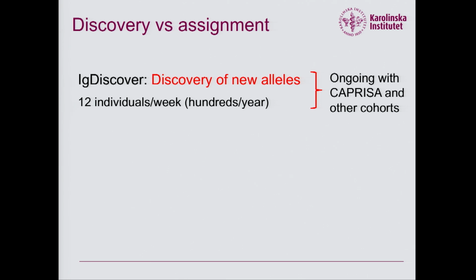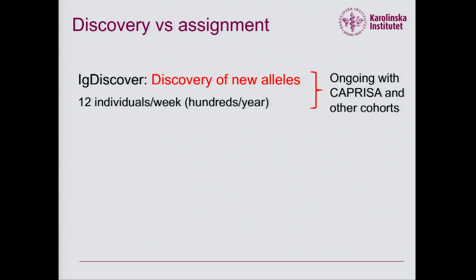So far, the method that we've published, ID-Discover, is designed to identify and find new alleles. And for that, our throughput currently, if we just use one sequencing machine, is approximately 12 individuals per run. This is, of course, relatively low throughput, although much, much higher than whole genome sequencing. And this is ongoing with the Caprisa samples and other samples that we have obtained through collaboration.